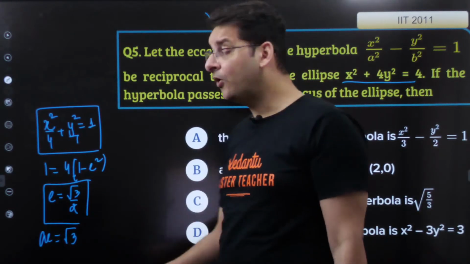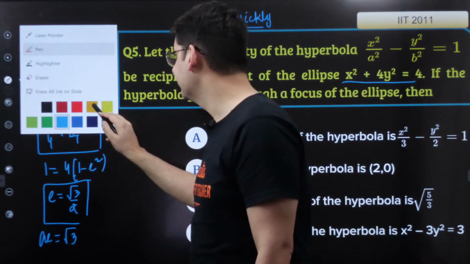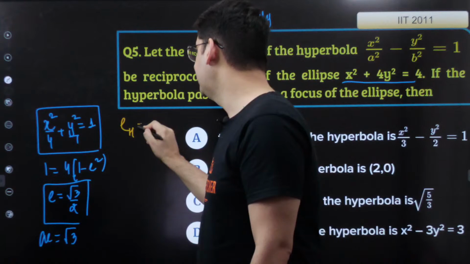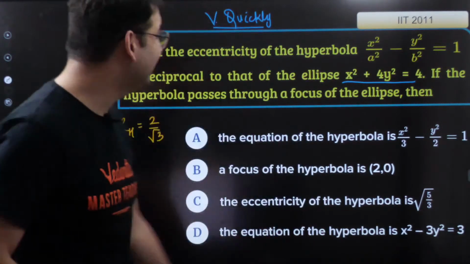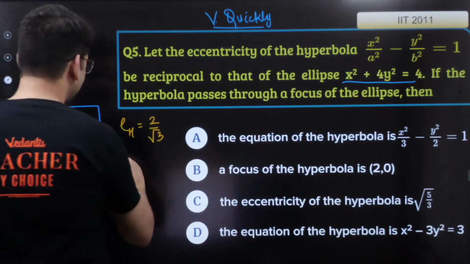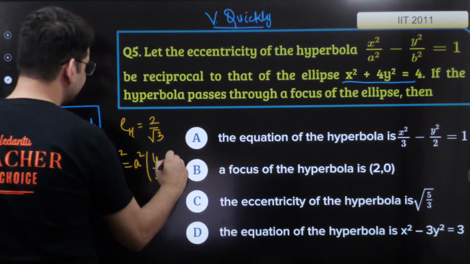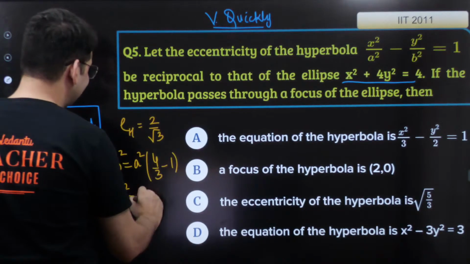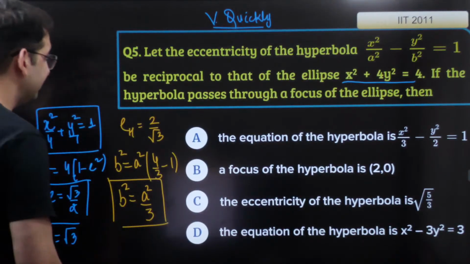So eccentricity of the ellipse is this. That means eccentricity of the hyperbola is going to be 2 by root 3. Let us write the formula also: b square is equal to a square into e square minus 1. So b square is equal to a square by 3. Eccentricity of the hyperbola. Done.